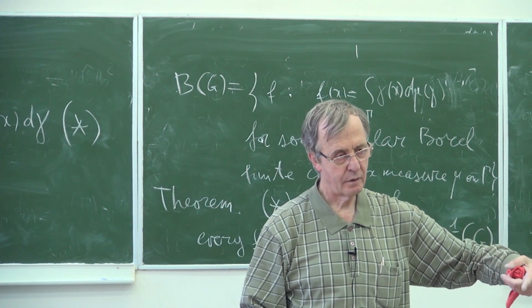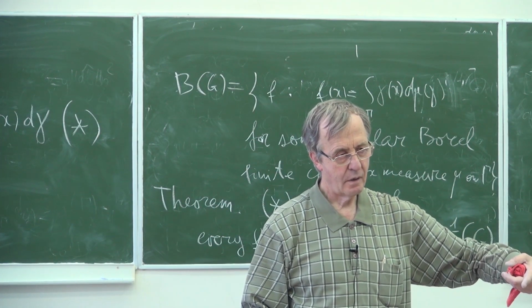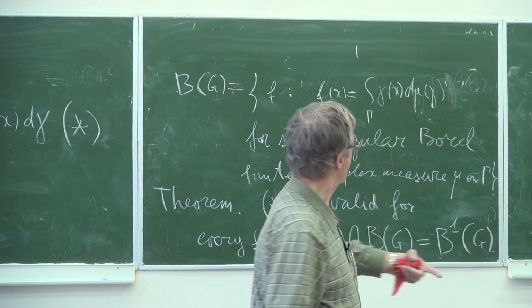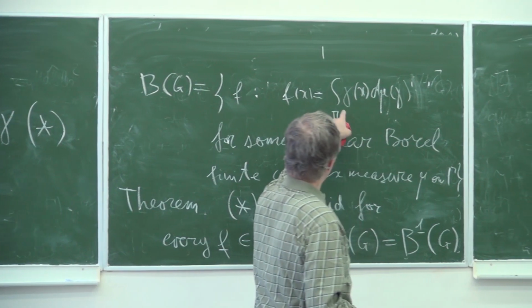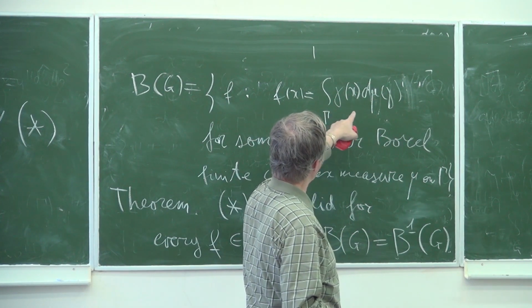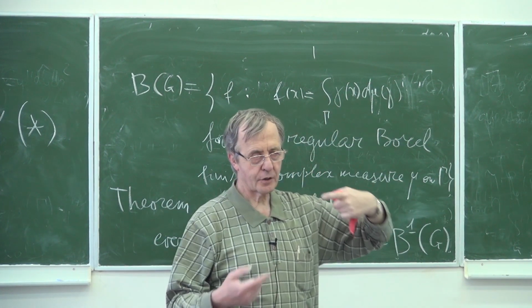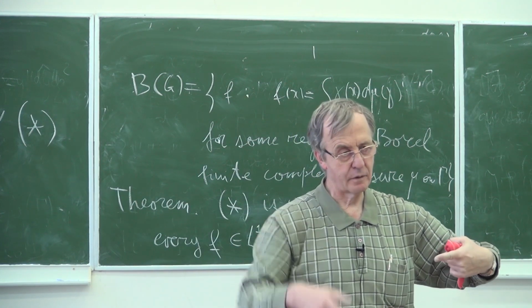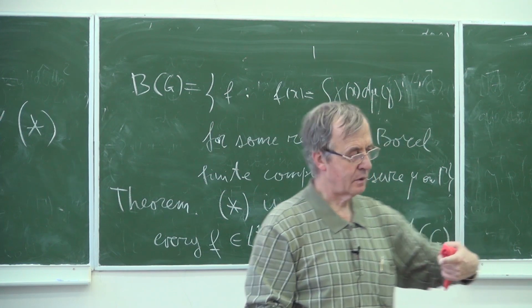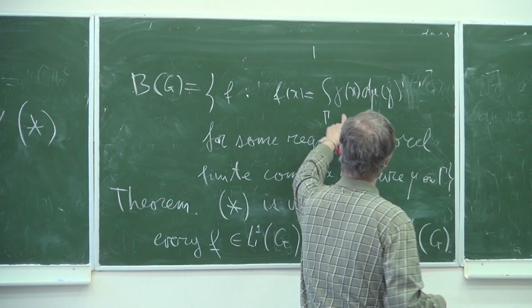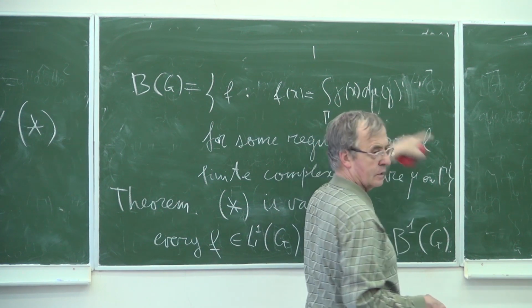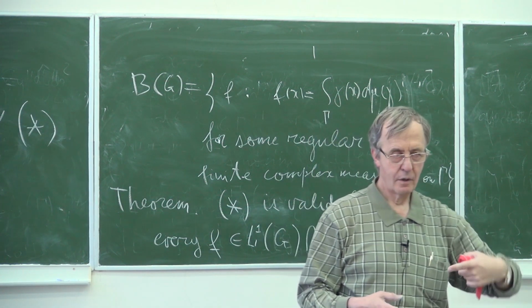Because if you remember, we multiplied this by some function h in L1, h of x, and integrated in x. Then we obtained the integral of the Fourier transform of h against mu.